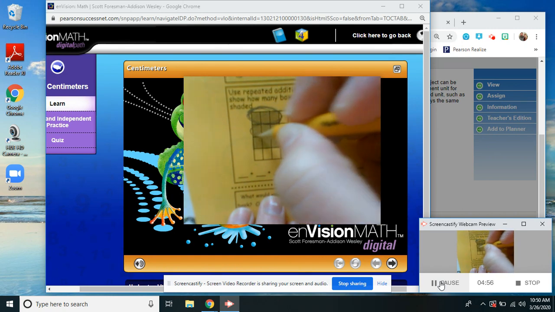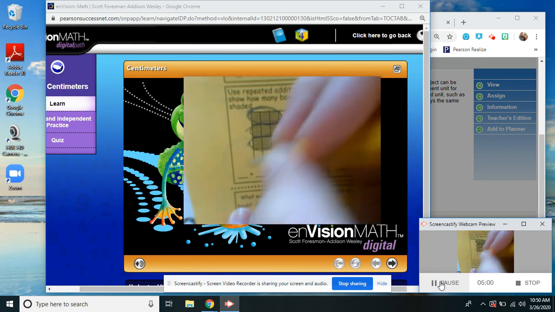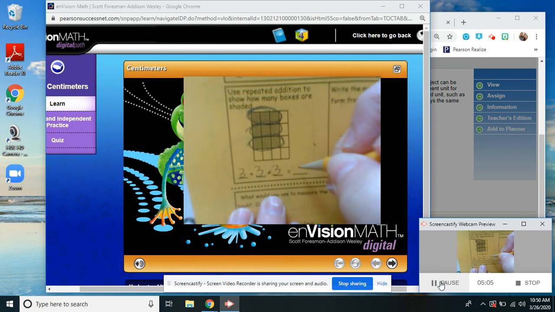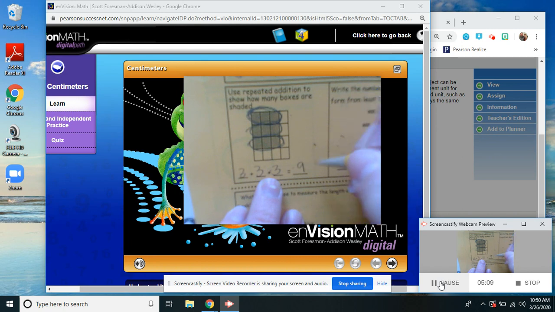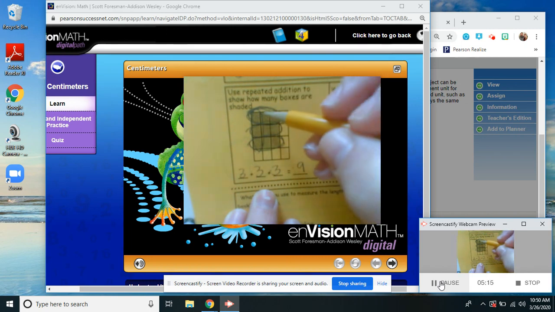We have 3. Our next row, we have 3. And same with the following row. So we could say 3 plus 3 plus 3 equals 9. 3 times 3 is 9, or 3 plus 3 plus 3 is 9. You could have also added by columns. You would have gotten the same answer. 3 plus 3 plus 3.